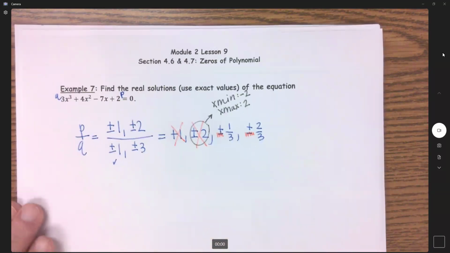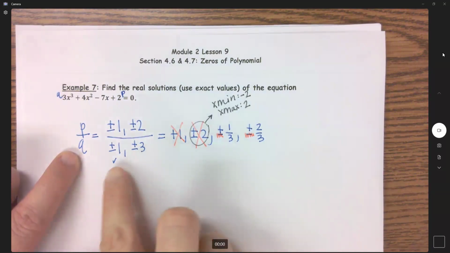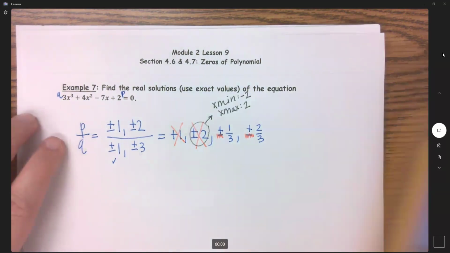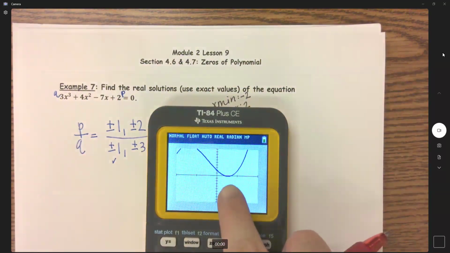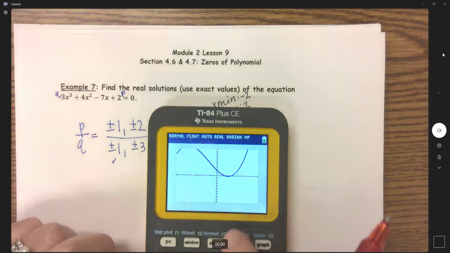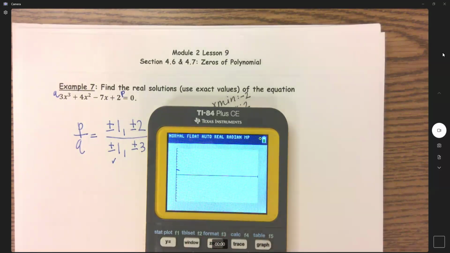Now, to be perfectly honest with you, up until this point, this has seemed really silly to do, especially if we're not using that factor theorem and plugging in those numbers. But this is why this is still so incredibly important. This is intersecting here between 0 and 1. And let me go ahead and just zoom in. I'm going to change my window from 0 to 1.